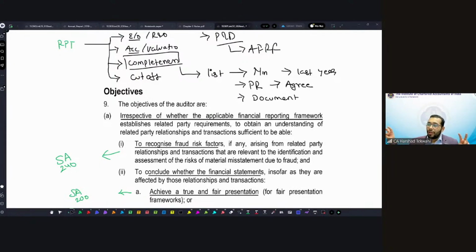Do they need to be authorized as per the Companies Act under Section 188? Whether appropriate approvals are there or not? Whether it is outside the scope of the company, we go and check the AOA also, whether it is permitted by the articles of the company. Is it something called ultra vires, beyond the object? So we go and check with respect to the financial reporting framework.